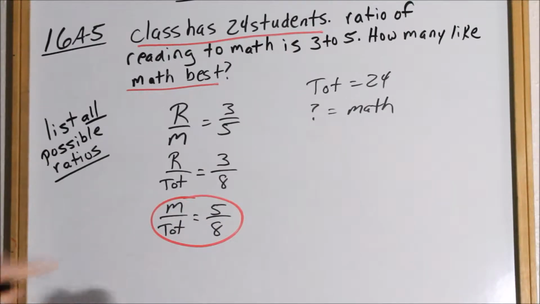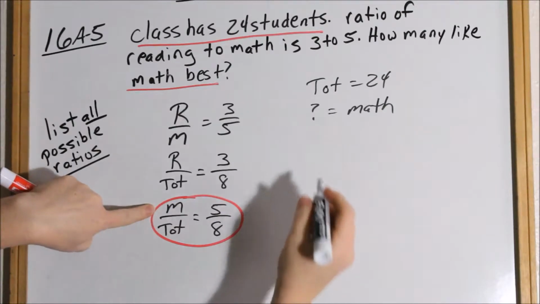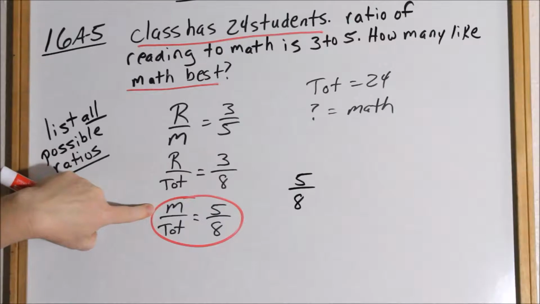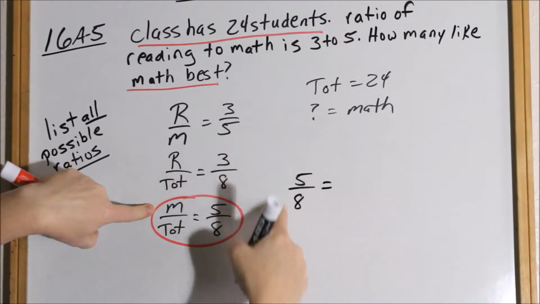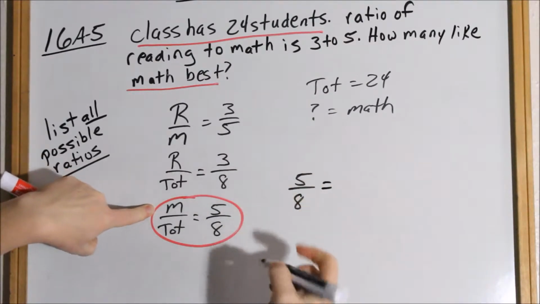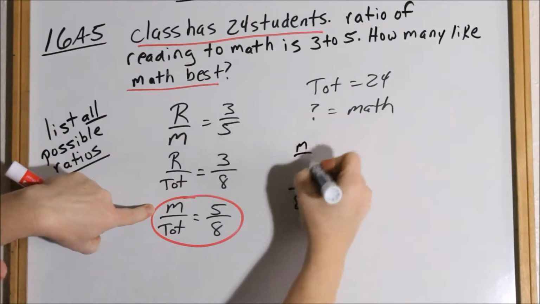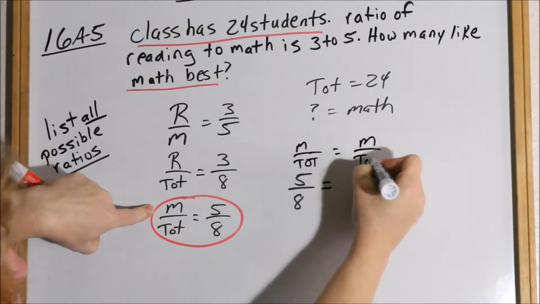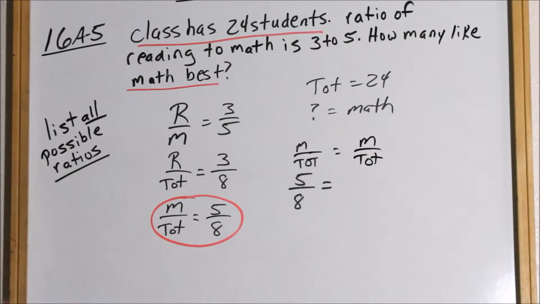Okay, so we had a ratio of 5 people like math the best out of 8. So that's our math to total. If we're going to use math and total, then we're using M and total over here on this side as well. Because the idea on all of these problems is to set up a fraction set equal to a fraction.